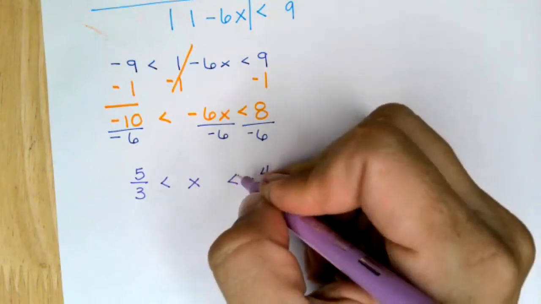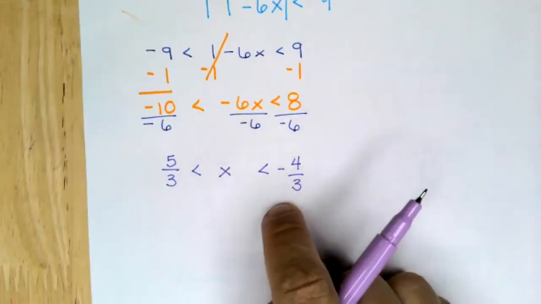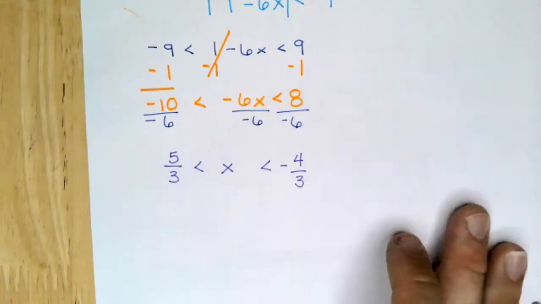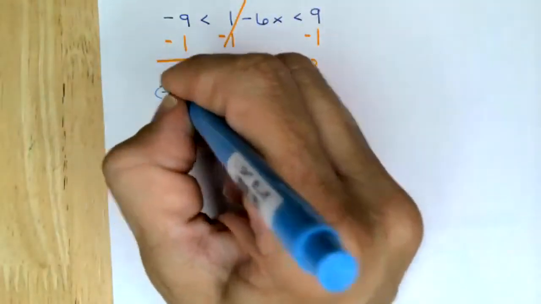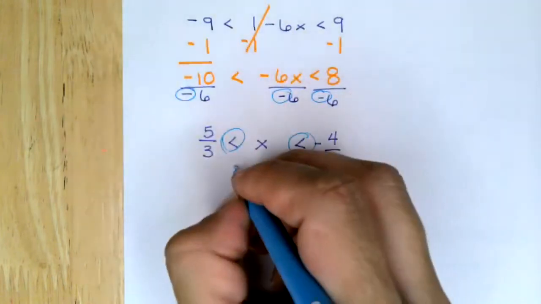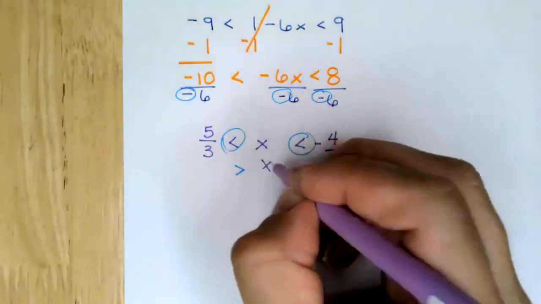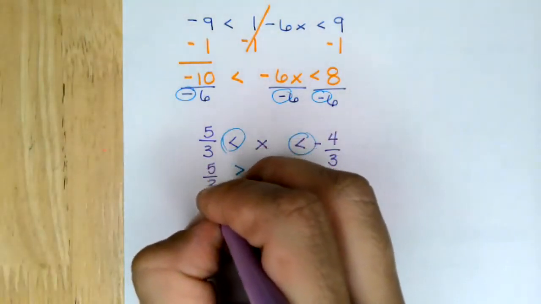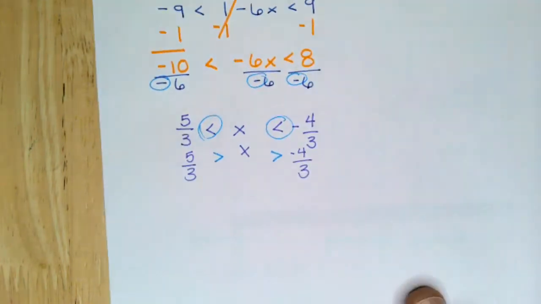But do you see what I forgot? I forgot to flip the sign. I think that's why I picked this one. I divided by a negative, so I need to flip the sign. Good.